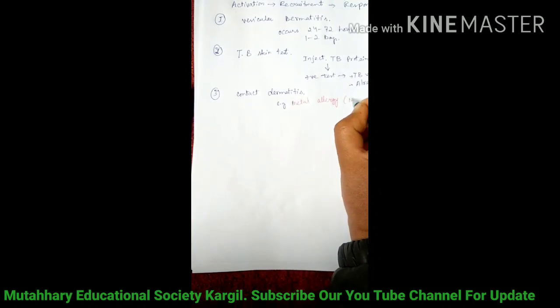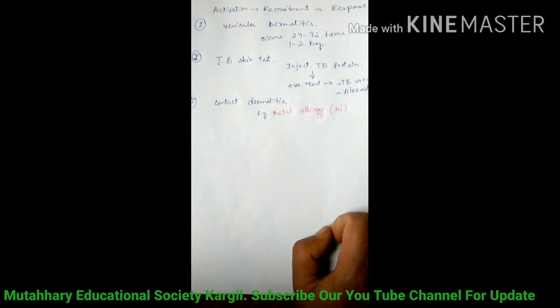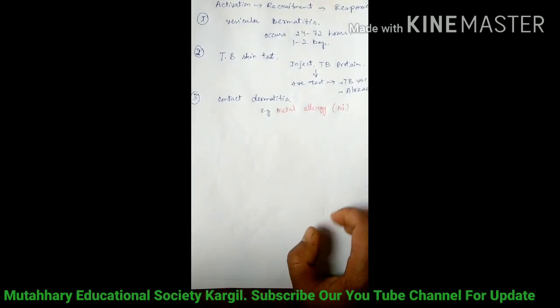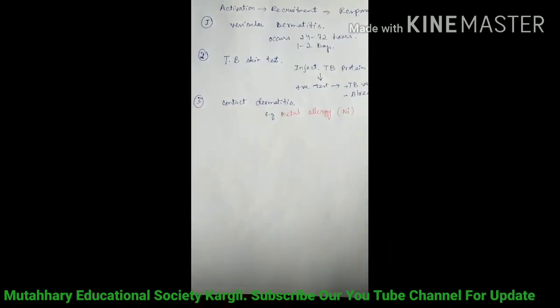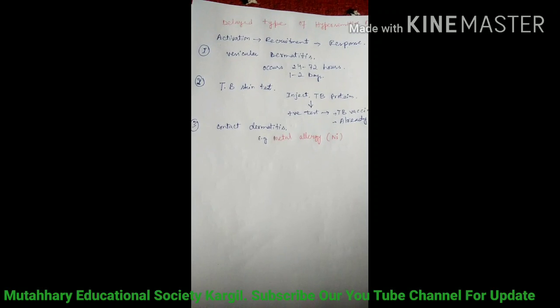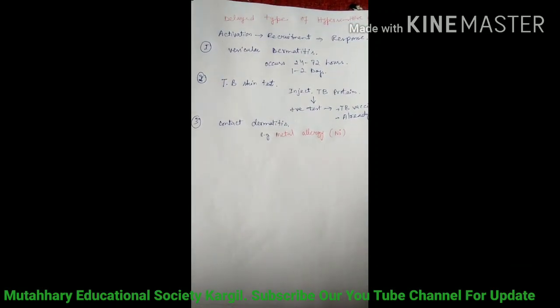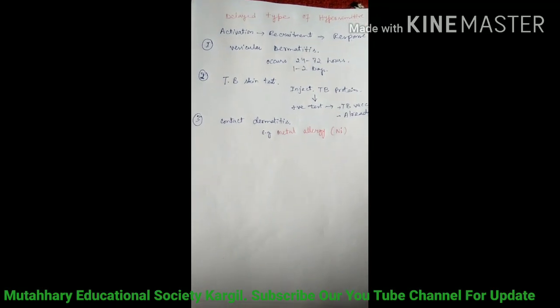Classic metals are like nickel. कुछ लोगों को होती है, even gold jewellery अगर पहनें, उनको कुछ दिन के बाद लगता है कि bumps हो रहे हैं, itching हो रही है, rashes formation हो रहा है. That is because of type 4 kind of hypersensitive reactions. Basically that person is allergic to certain kinds of metals.